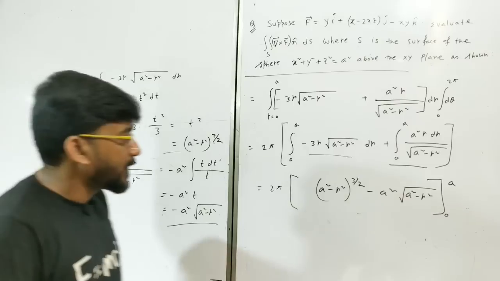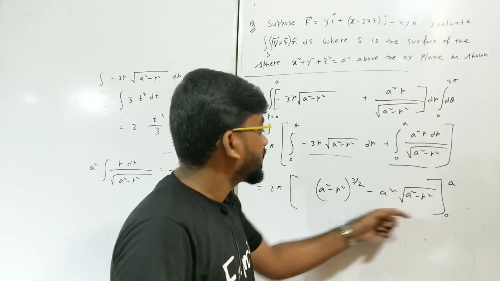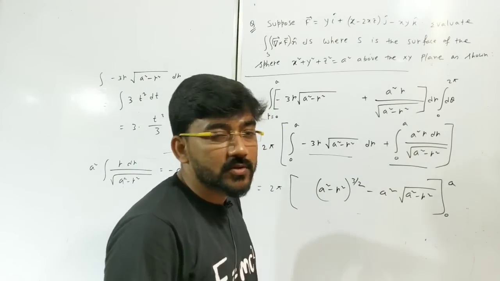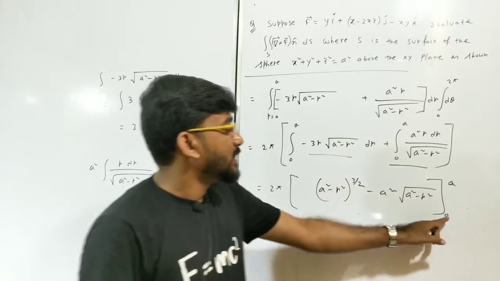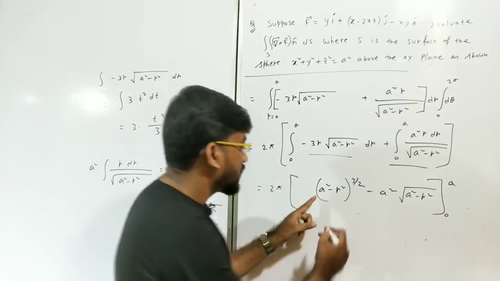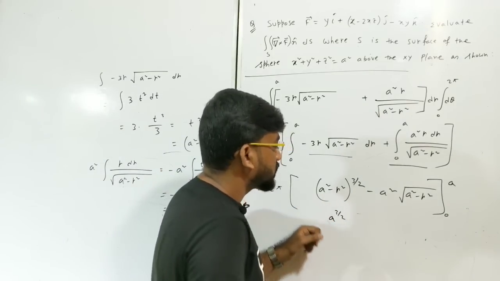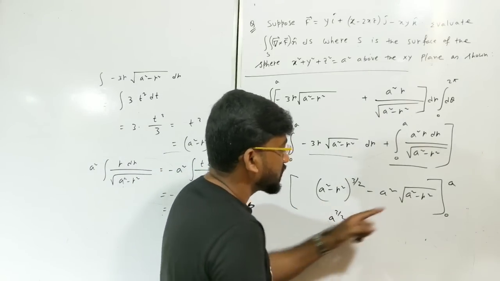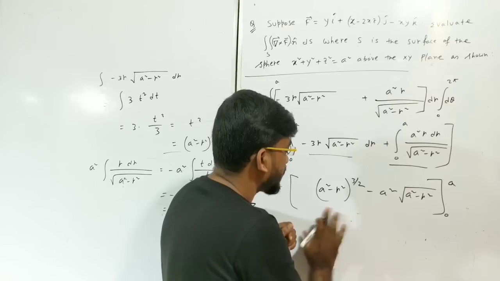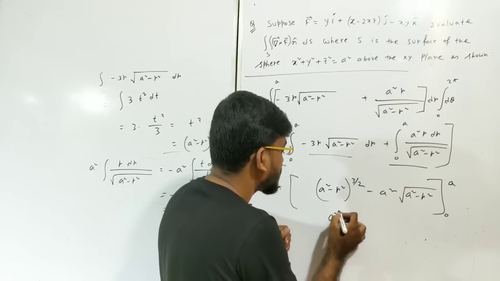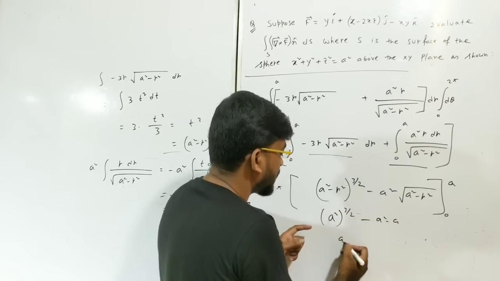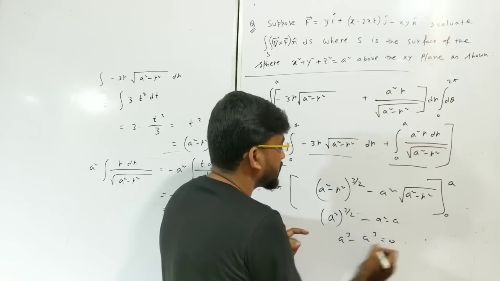Now if we put the upper limit, you can see this part and this part both will be 0, because a square minus a square is 0 and a square minus a square is also 0. Now if you put 0 instead of r, you will have a square to the power 3 by 2, and minus a square into a, so you will have a cube minus a cube, that will be 0.